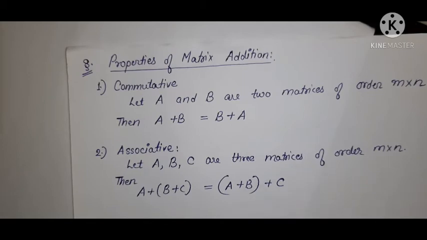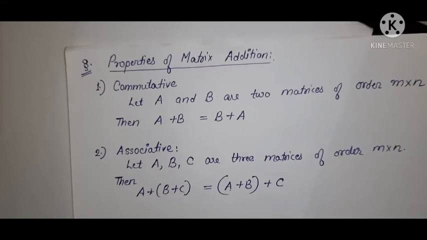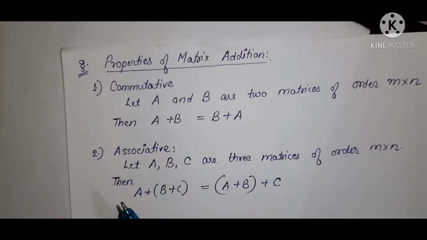Matrix also contains numbers, but the form is different. So in associative, A plus, then bracket, you first add B plus C, then the result should be added with A on the left hand side. And on the right hand side, you first add matrix A and B, then the resultant matrix will be added with matrix C. So the result of the left hand side should be equal to the right hand side. This is the associative property. Means we associate the matrices.